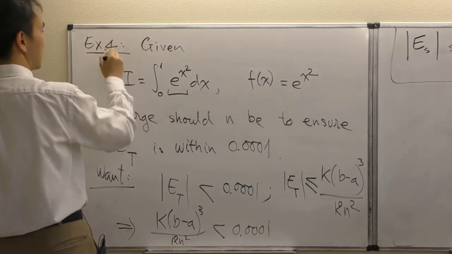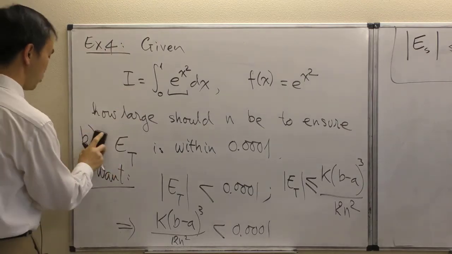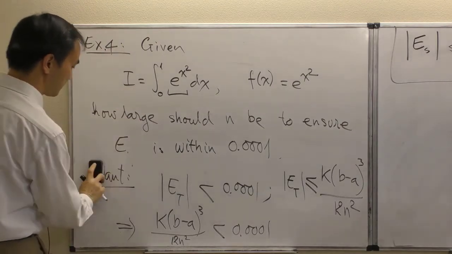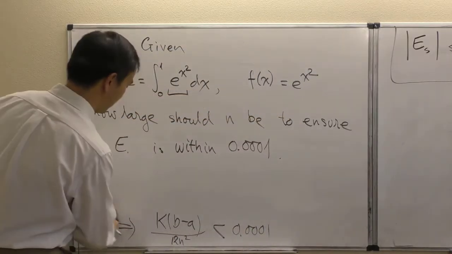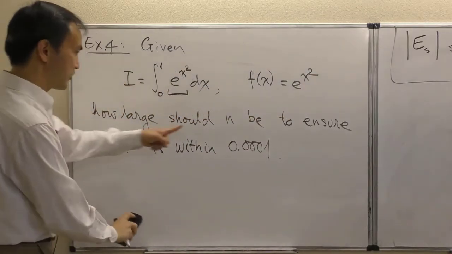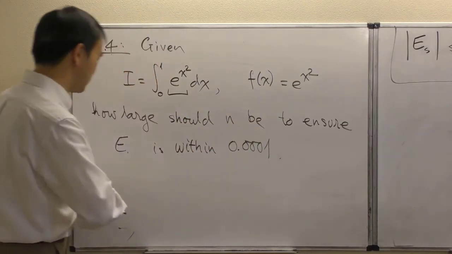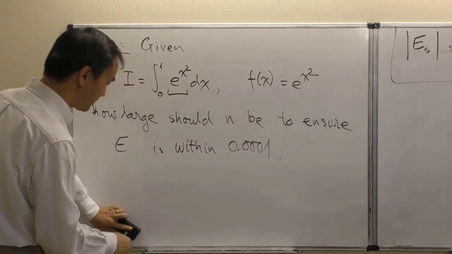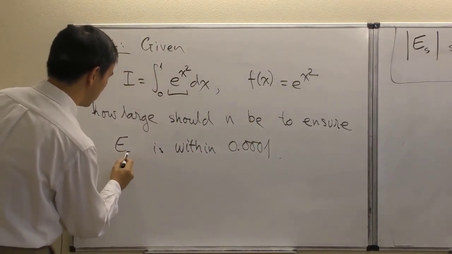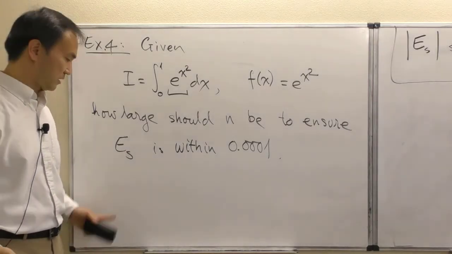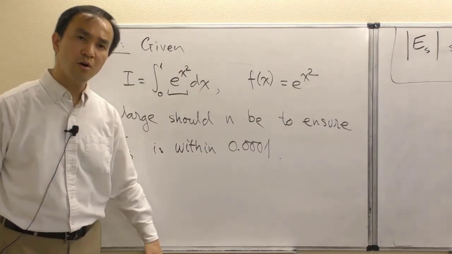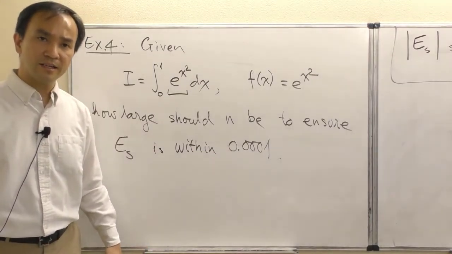In our example 4, we are given an integral, and the only question I'm asking is: how large should n be to ensure the estimate using Simpson's rule is within 0.0001?